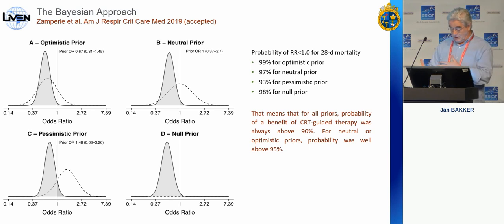And in the pessimistic prior, what we did is we said, well, you can think that you have a reduction in mortality, but basically it will double your chances of dying. And so this is the optimistic prior. It's what we found in the study, 0.67. And the pessimistic one is, okay, the mortality will actually increase if you use capillary refill time.